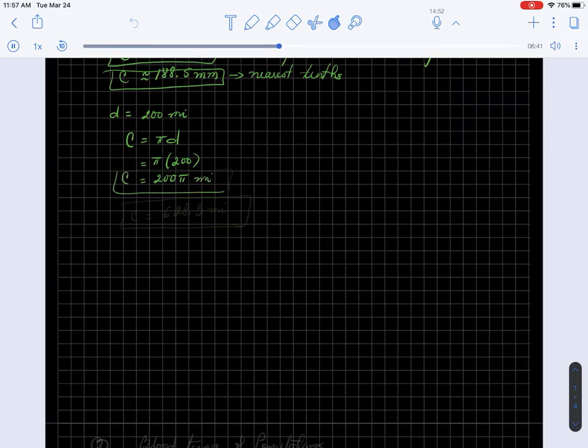That's in terms of pi. And if I wanted to calculate in terms of the nearest tenth, I'm going to multiply by pi. That should give me 628.3 miles. Remember, your unit is in miles itself. It's not miles squared because this is one-dimensional.